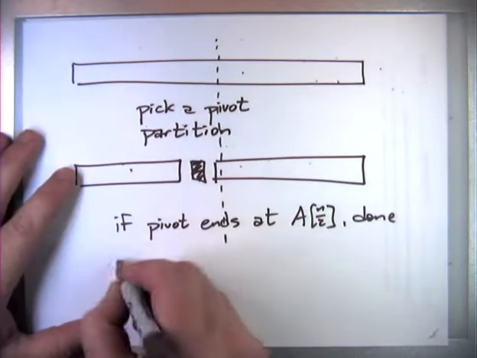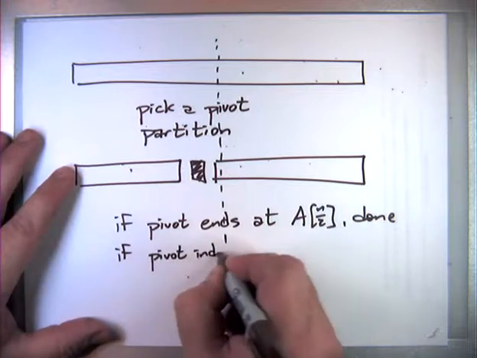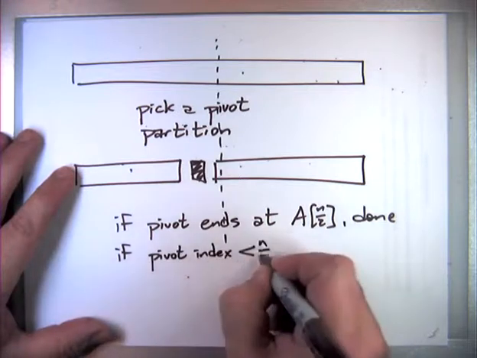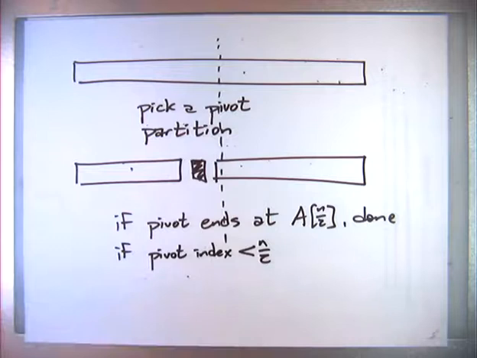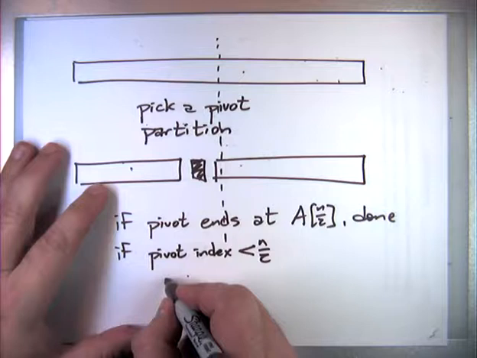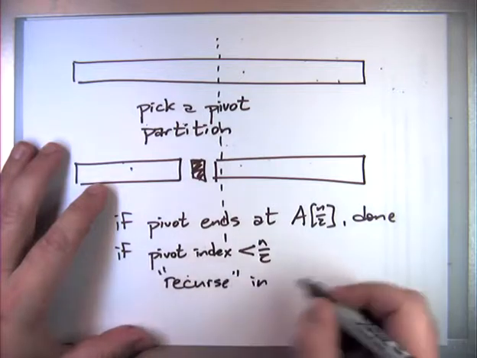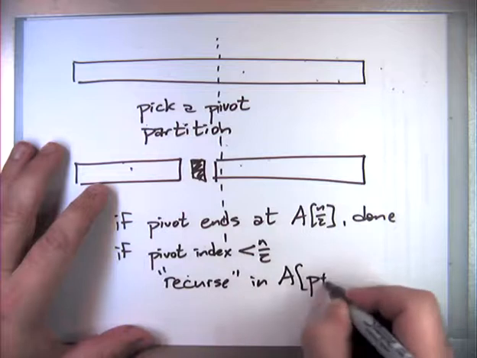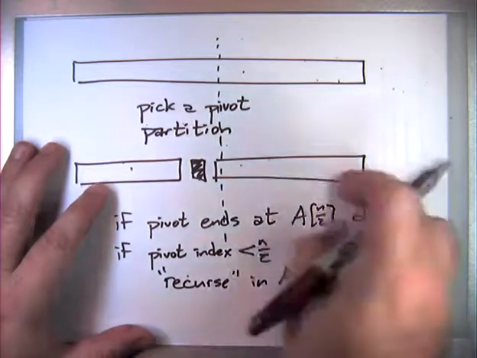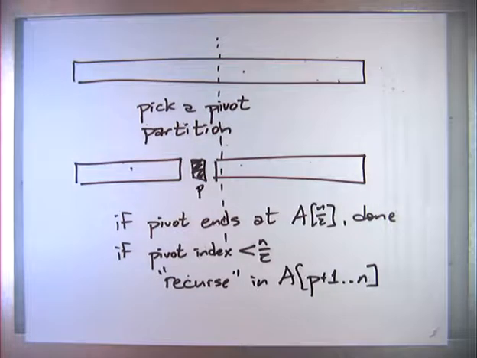On the other hand, it's possible that if the pivot index is less than n over 2, as it is in this picture, the pivot ended up slightly to the left, then I only have to recurse in the array on the right side of the pivot. Right, so P is the index where the pivot ends up.